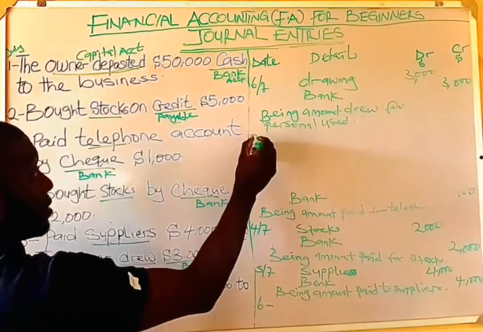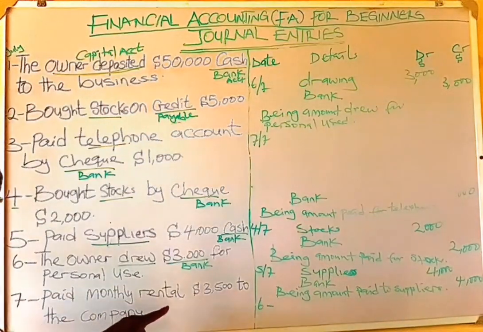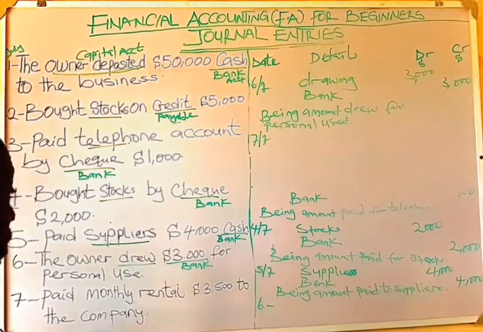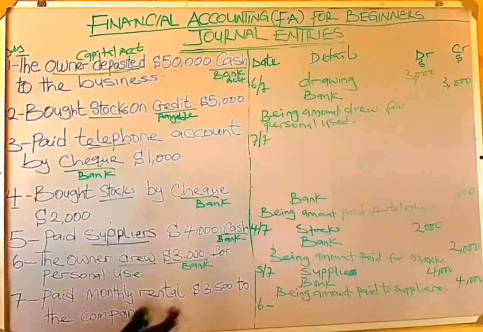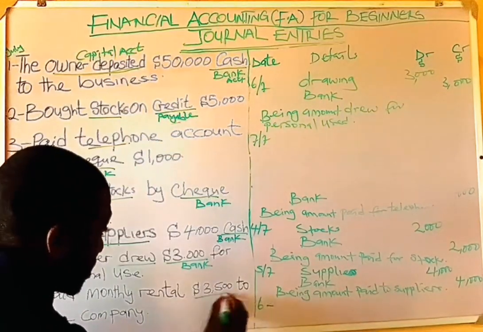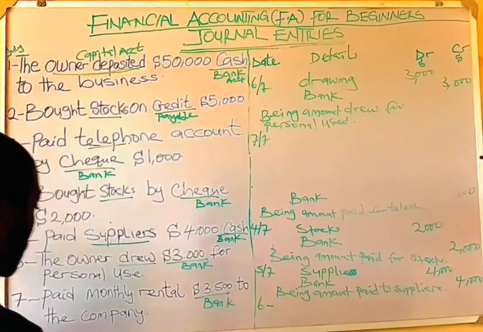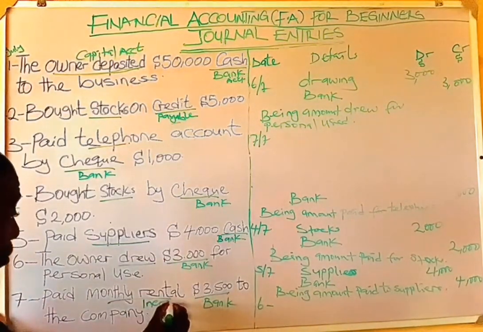Then the 7th transaction, 7th of July, received monthly rental $3,500 from the company. So you are receiving cash. You identify this is bank. So you are receiving, this is bank, and the rental is income, and we say income is credit.